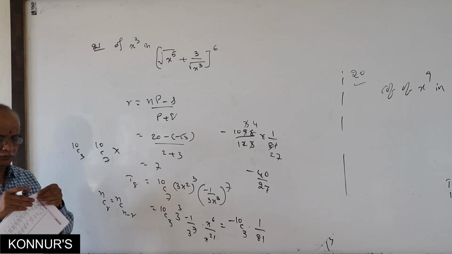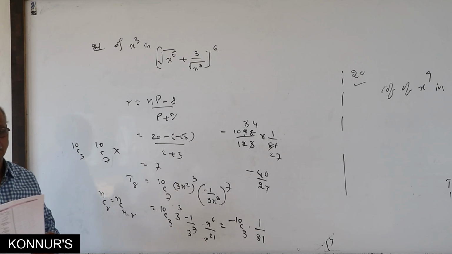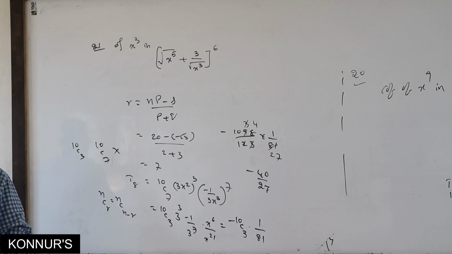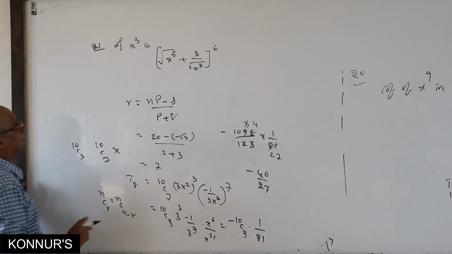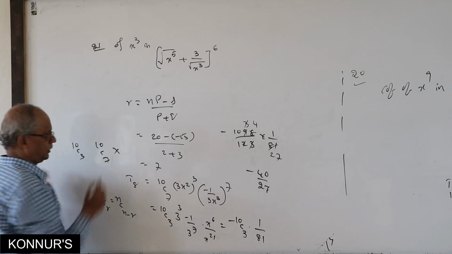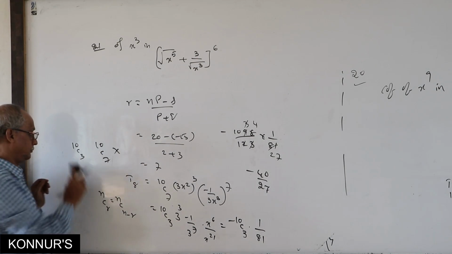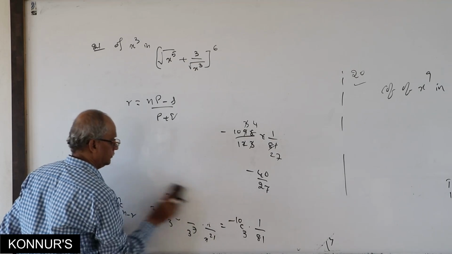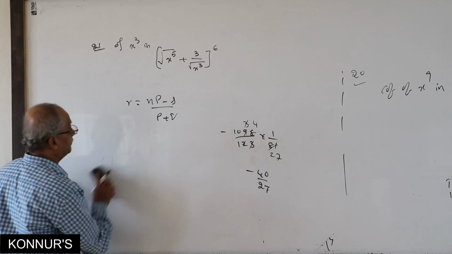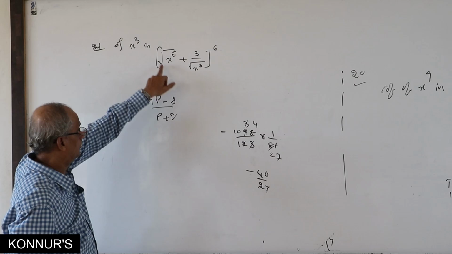Okay. Answer. ABCD is writing values, simplified values. Right. Substitute here. R equal to. What is P value? 5 by 2.